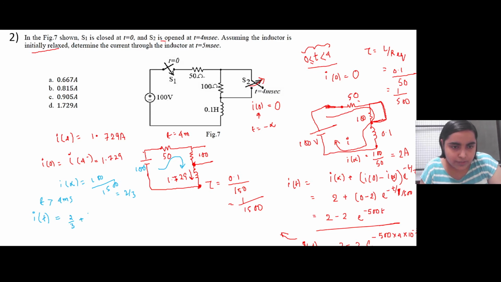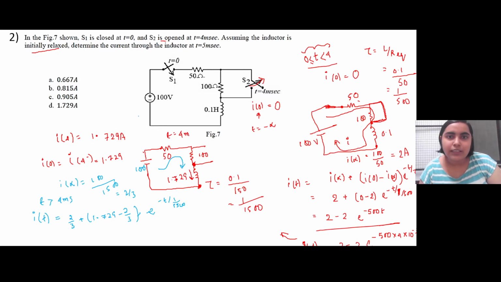So it is 2 by 3 plus 1.729 minus 2 by 3 times e to the power minus t by 1 by 1500.